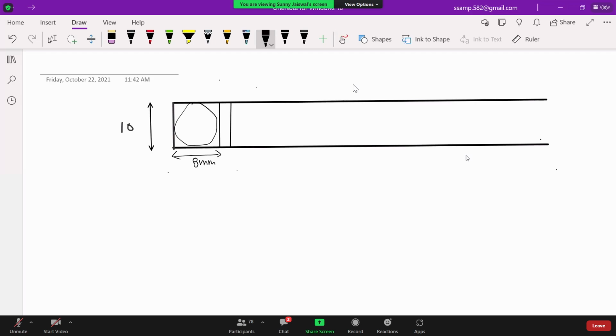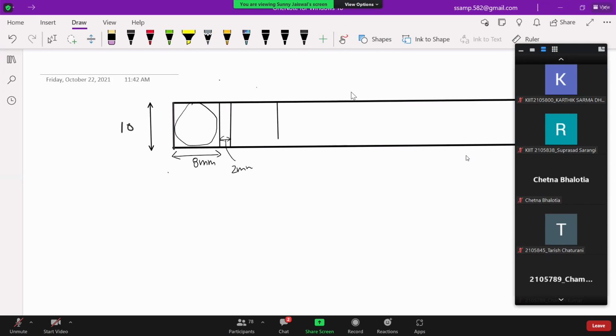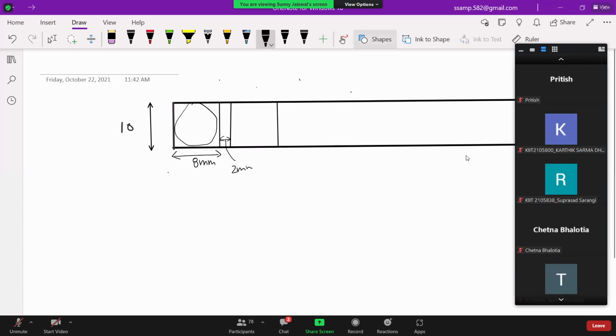Then you will leave 2 space. This space is 2. Again, you will give spacing of 8. Then you will draw one line here, another line here, and another line here. So this is also 2. Like this, it will continue.